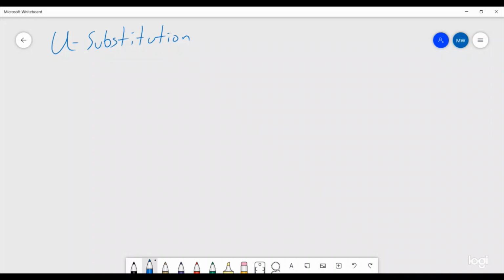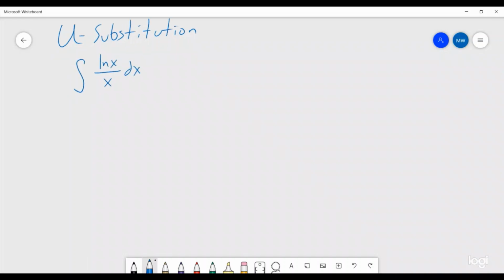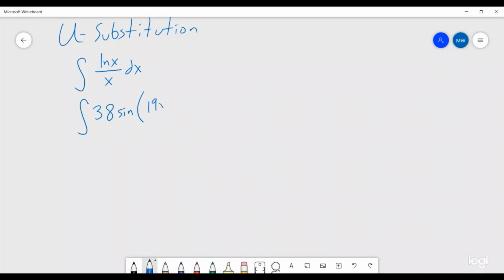Okay, so U-Substitution. Find the integral of natural log of x over x dx. The integral of, let's see, we got 38 sine of 19x squared plus 3 pi over 8 x dx.